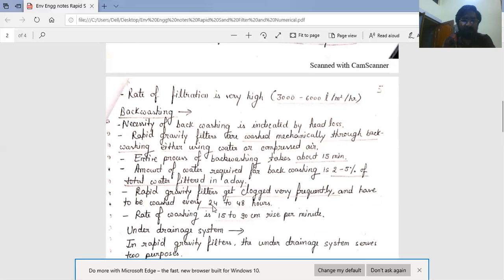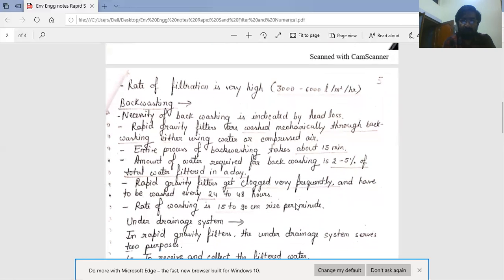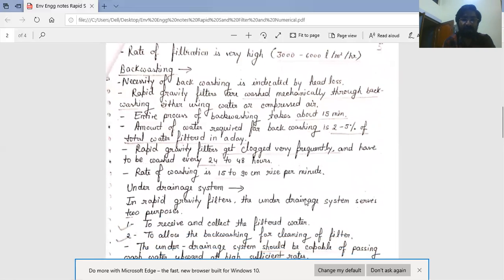Rapid gravity filter gets clogged very frequently. This is the problem in rapid gravity filter. Filter voids get clogged very frequently and have to be washed every 24 to 48 hours. Rate of washing is 15 to 90 centimeter rise per minute.